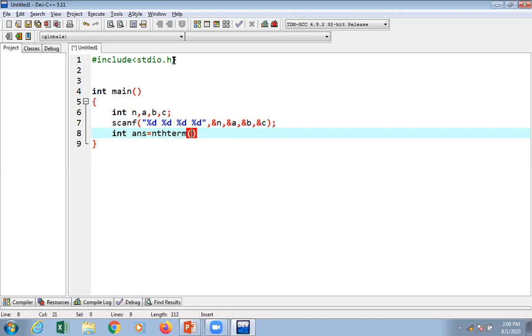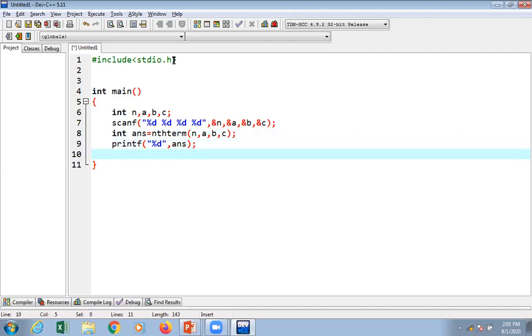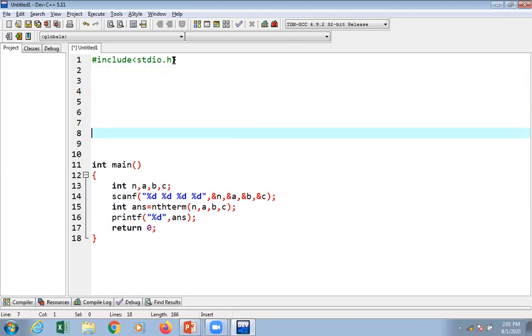So we'll be passing here these four variables, and whatever we get, that we have to print. Okay, so I have taken the return type as int, so I'll be putting return 0. So now I'll be writing the function here.